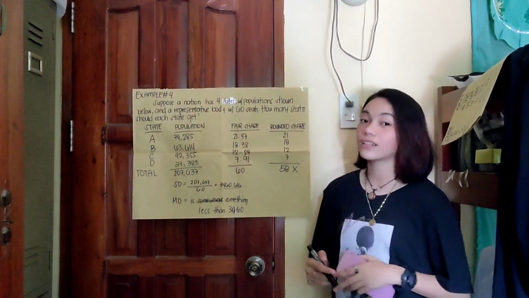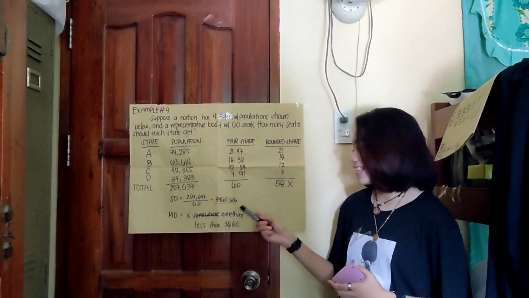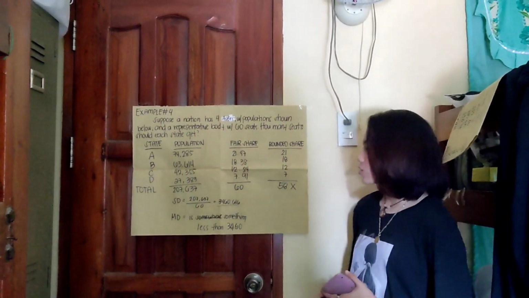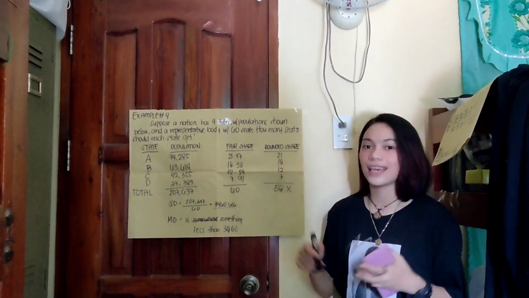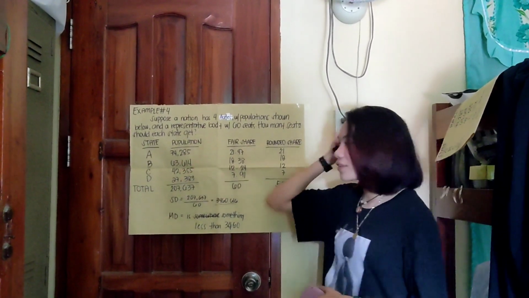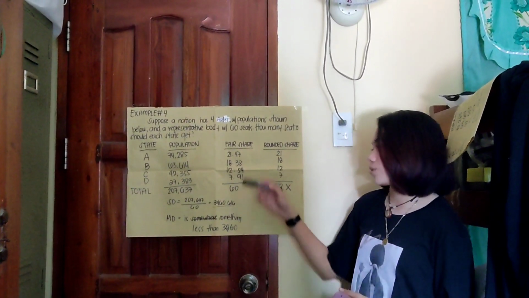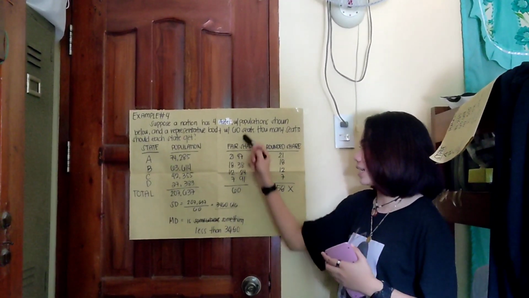The modified standard divisor is something less than that, so let's try 3,460. Calculate 3,460 divided by 74,800. Here's the result, and when you total all of that, it is 60.